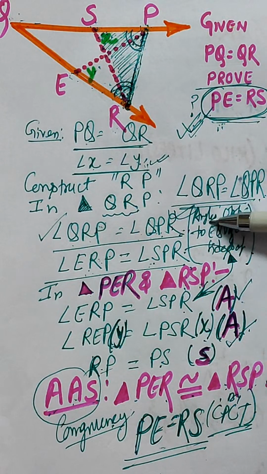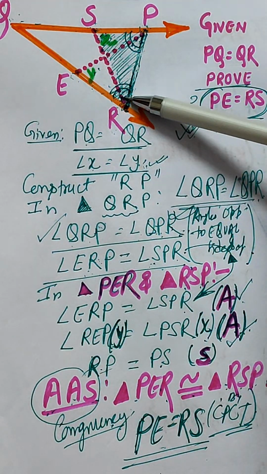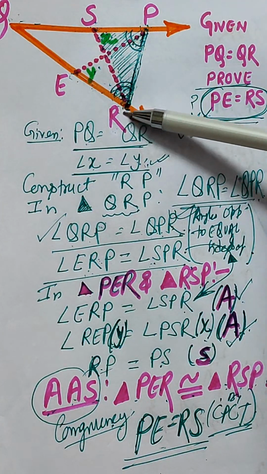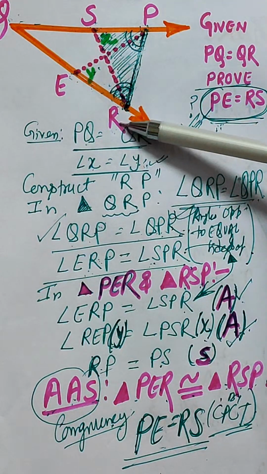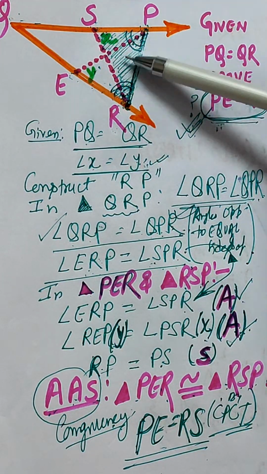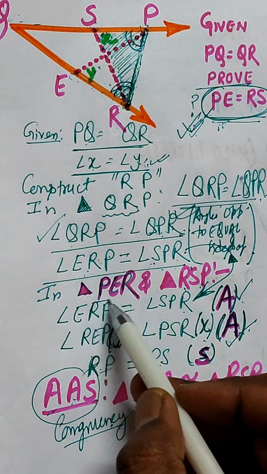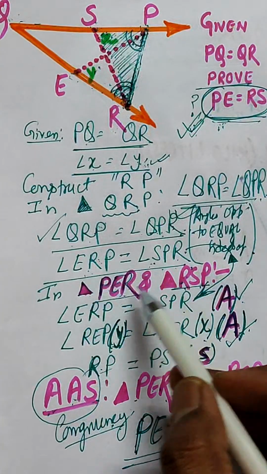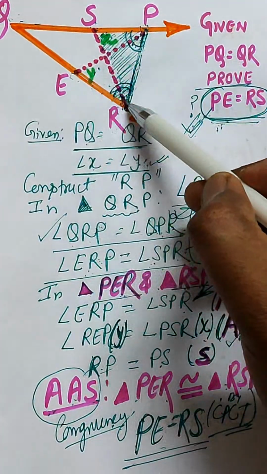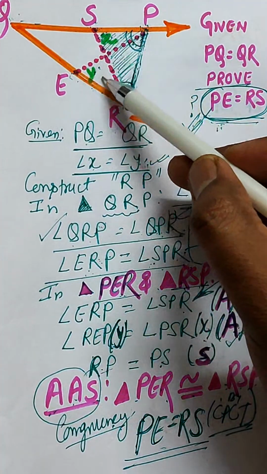Since the angles opposite to the equal sides of a triangle are equal, angle P equal to angle R, and we just did a simple construction RP, right? After doing this construction, two triangles are formed, right? What are the two triangles? Triangle PER and triangle RSP. These are the two triangles which are formed.